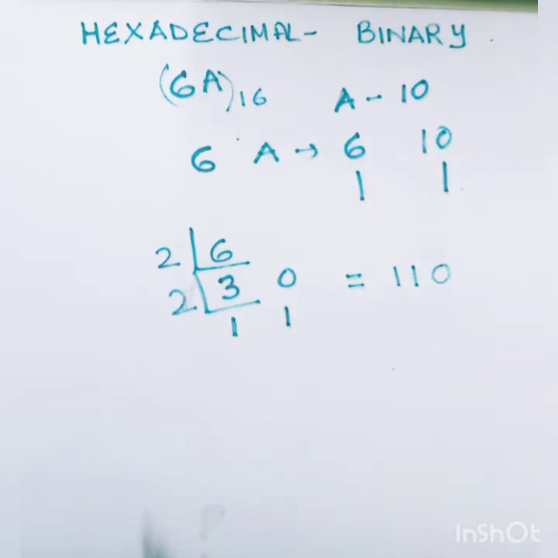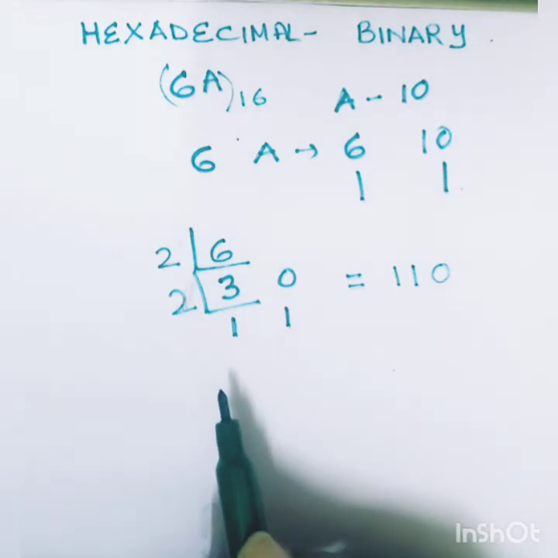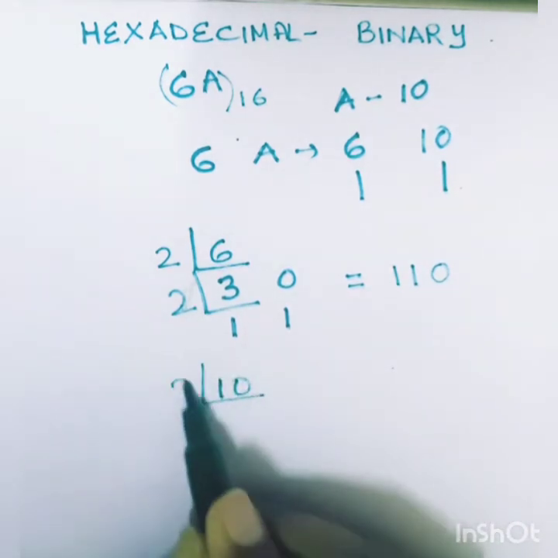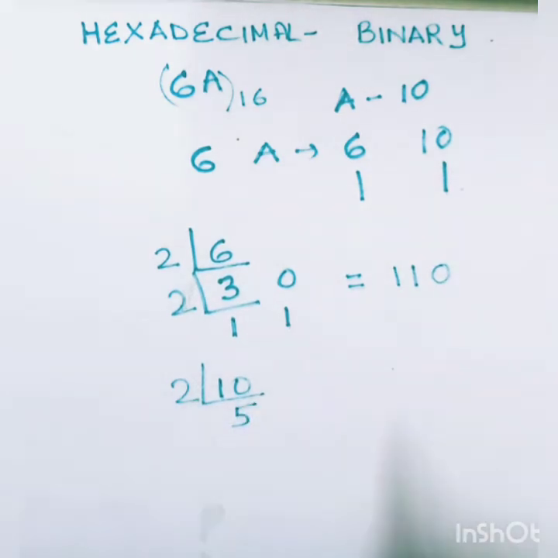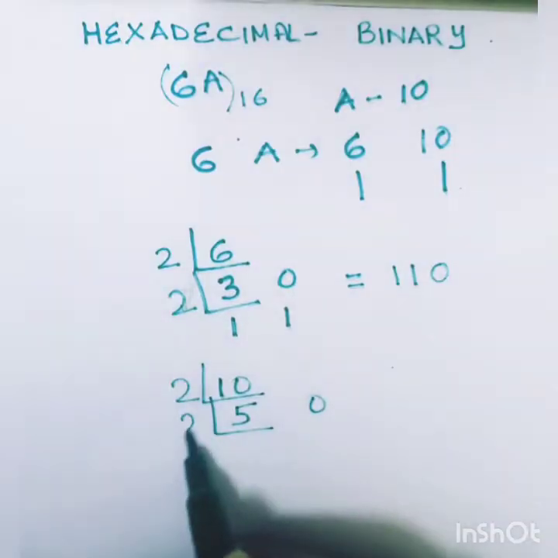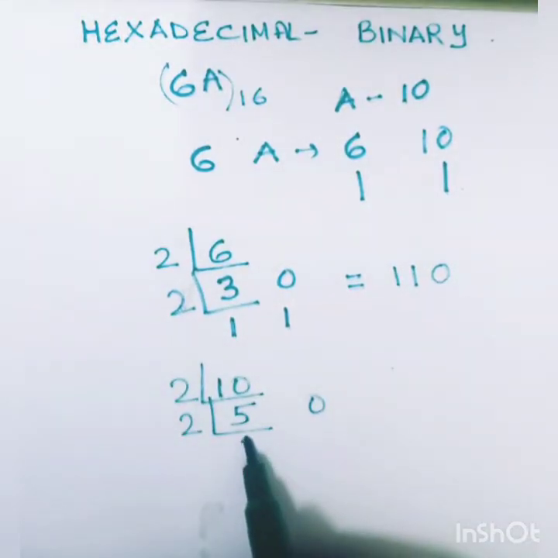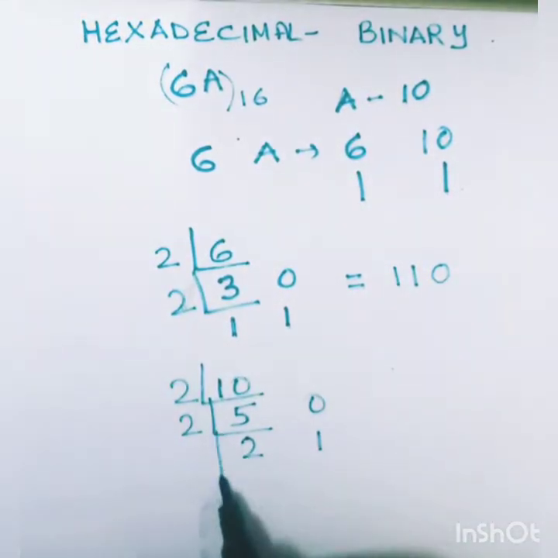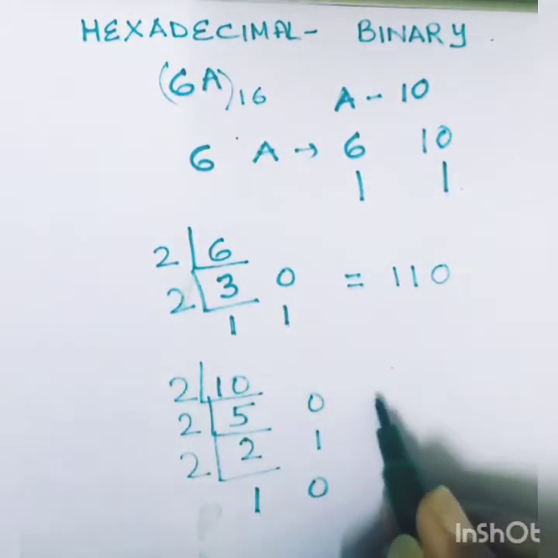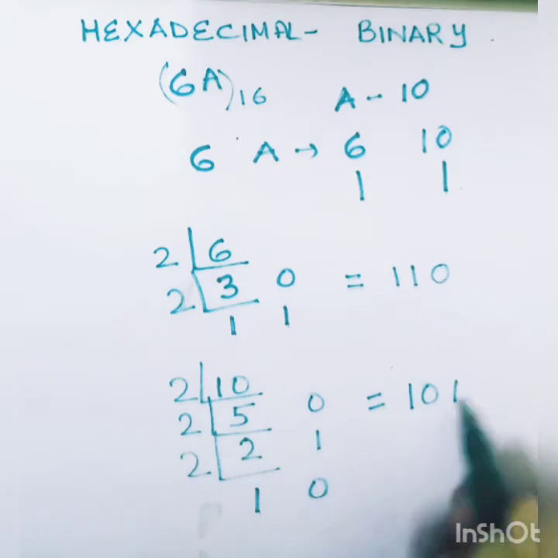Right? Next, what do we have? We have 10. So let us convert 10 to 5. It is going to give us remainder 0. 5 to 2, it is going to give us 1 and 2, 1, 0. So 1, 0, 1, 0.